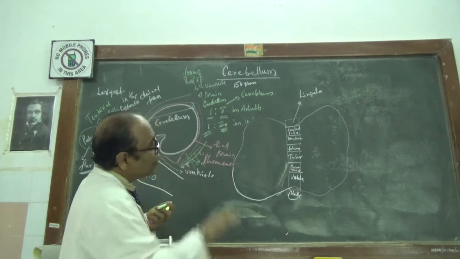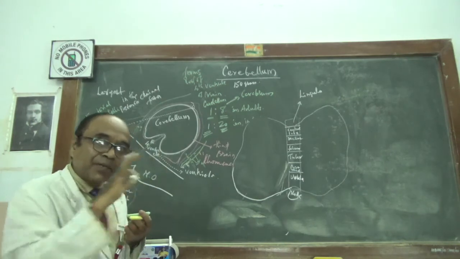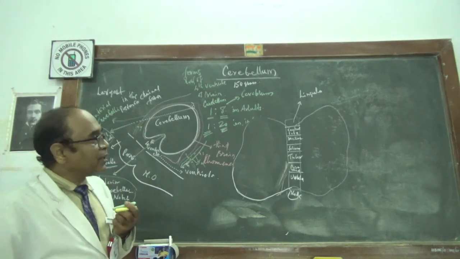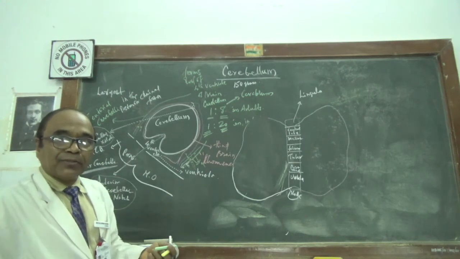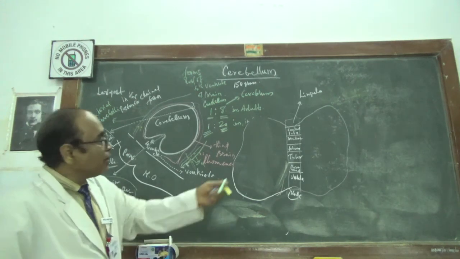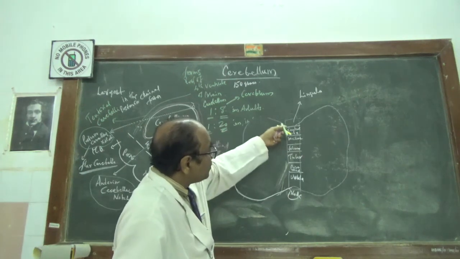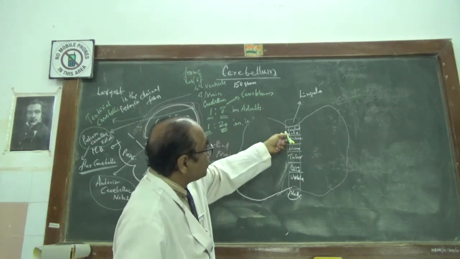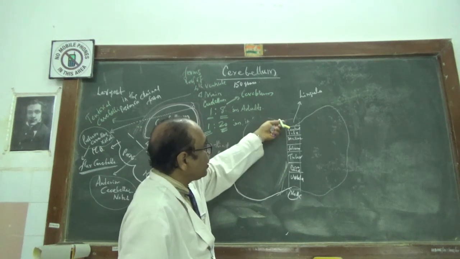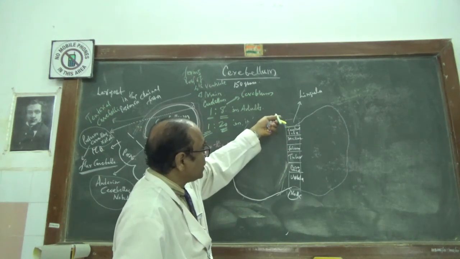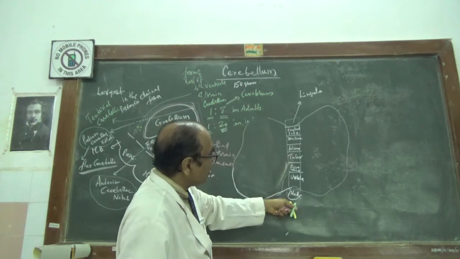Now this vermis will be like this, it is constricted, but there are some divisions. These names are, for pronunciation, very fanciful. The vermis will be on the superior part, the anterior part, the inferior part, and the posterior part.